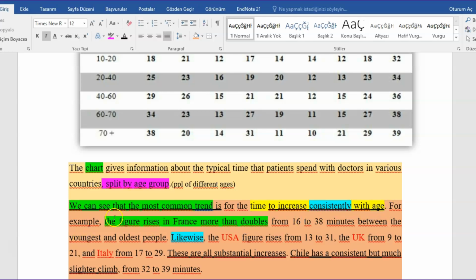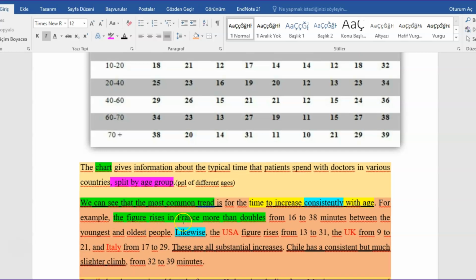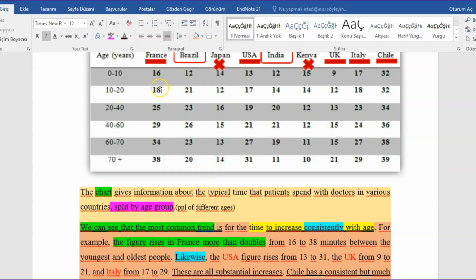For example, the figure in France more than doubles from 16 to 38 minutes between the youngest and oldest people.